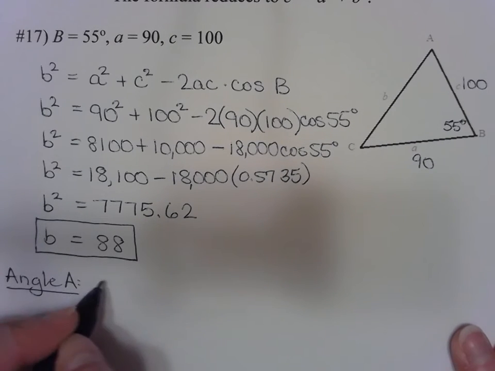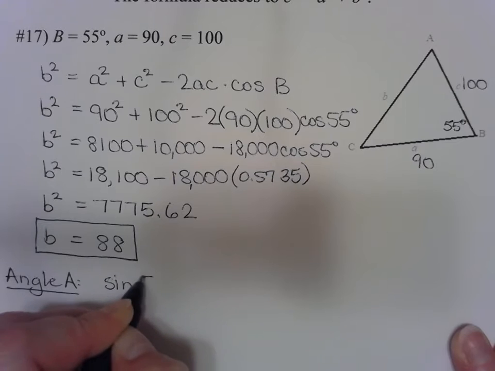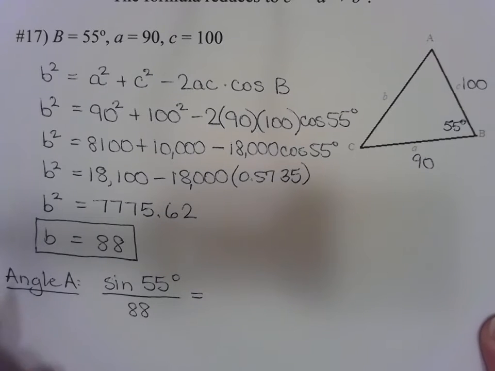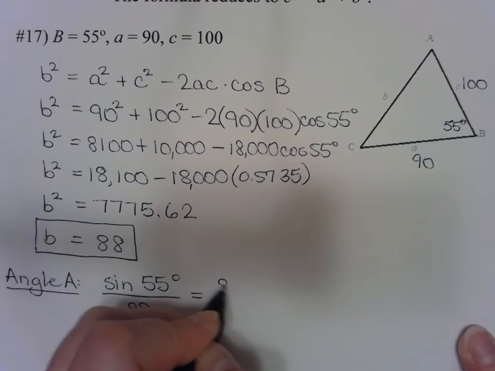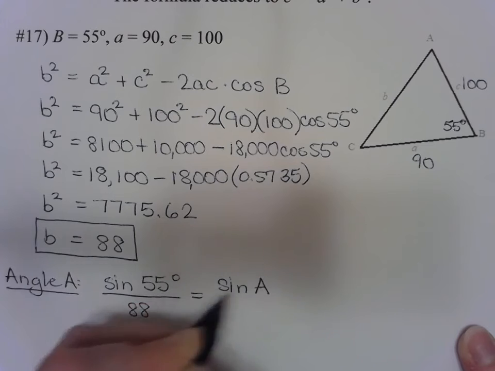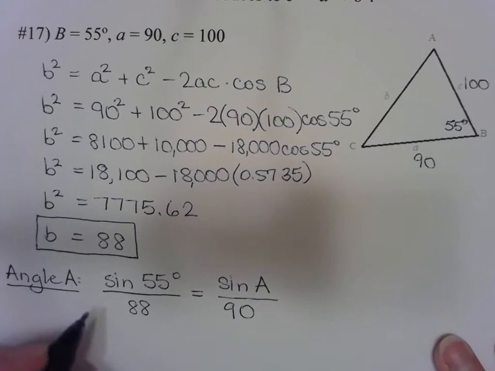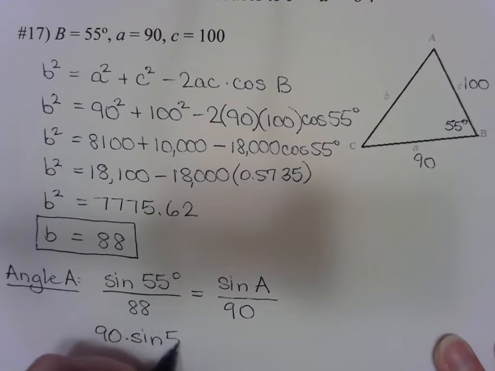So I'm going to do the sine of 55 degrees over 88 is equal to the sine of angle A over 90. So we've got 90 times the sine of 55.